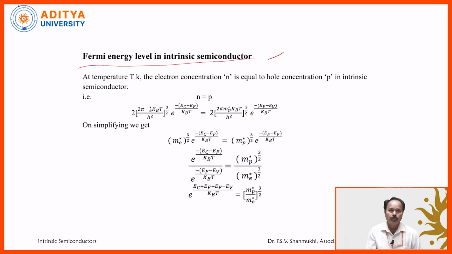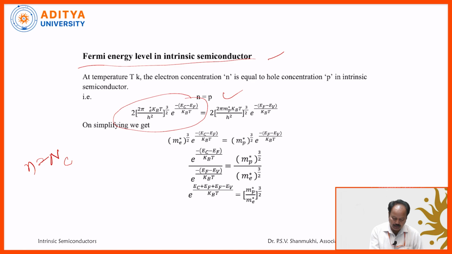Now, n equals p is taken. The electron density expression is given by n = Nc e^(-(Ec - Ef)/kT).